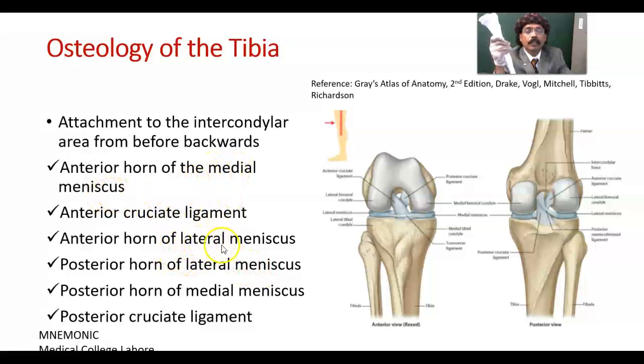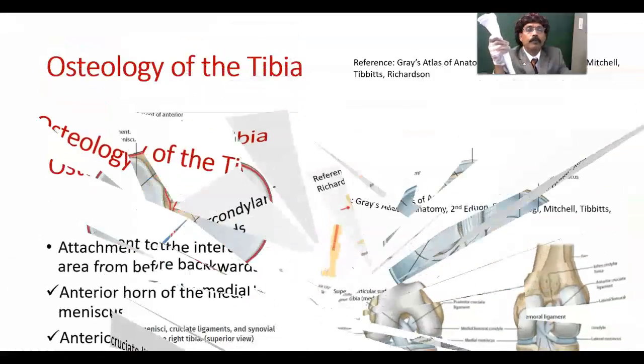This is the lateral meniscus, Lalmai, then the medial meniscus and the posterior cruciate ligament. So we make the mnemonic Medical College Lahore. If you like that, or any other way you can manage.